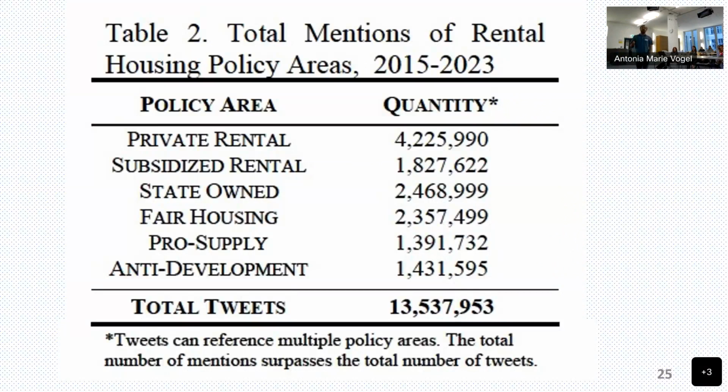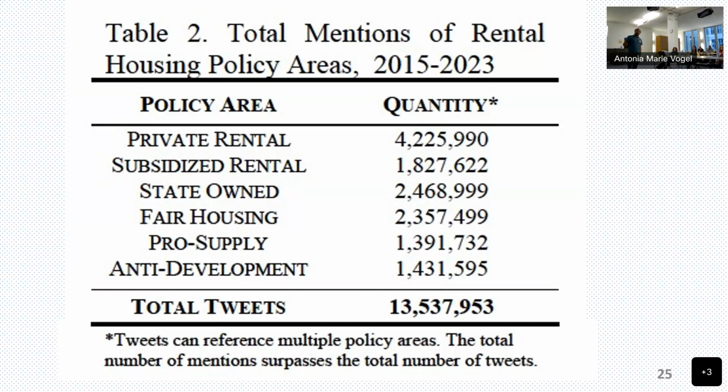And what we find in this time period between 2015 and 2023 is that private rental discourse massively outperforms the others. It's much more prominent. You see fair housing fairly dominant, anti-discrimination discourse, and then followed by public housing.